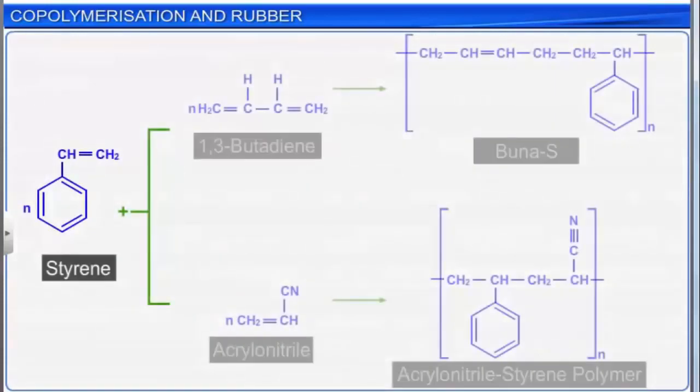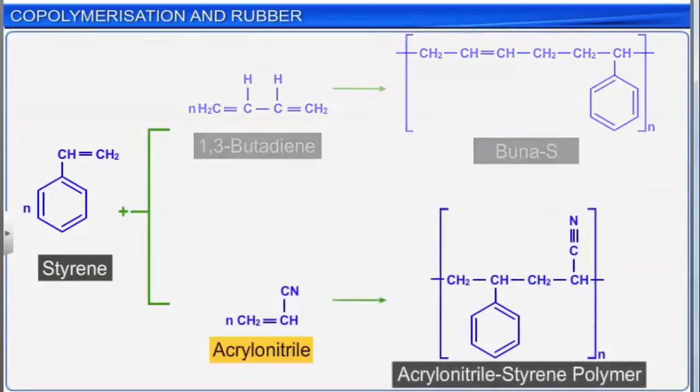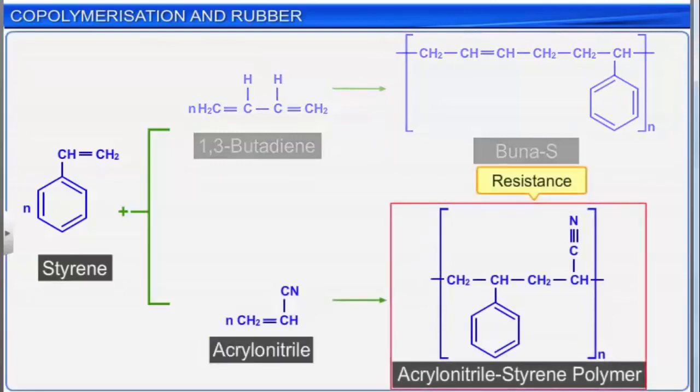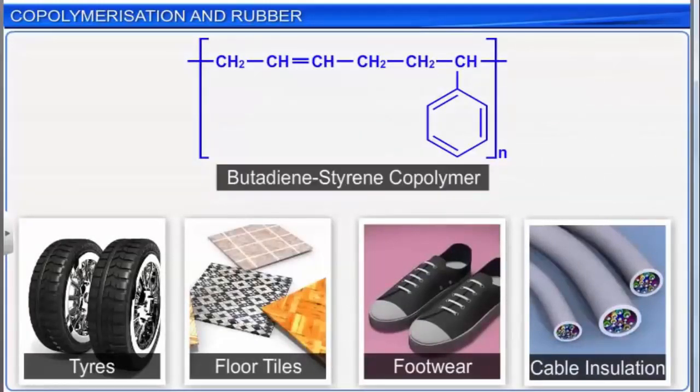For instance, the copolymerization of styrene with butadiene adds toughness, and with acrylonitrile enhances resistance to impact. The butadiene-styrene copolymer finds use in the manufacture of automobile tires, floor tiles, footwear components, and cable insulation.